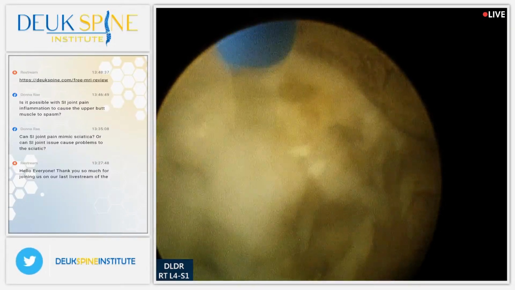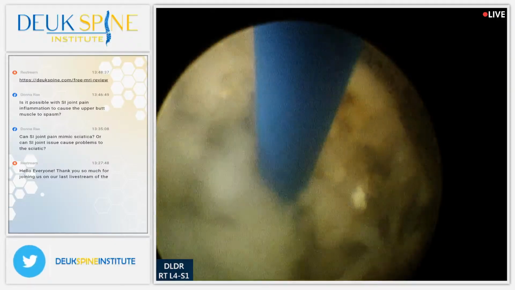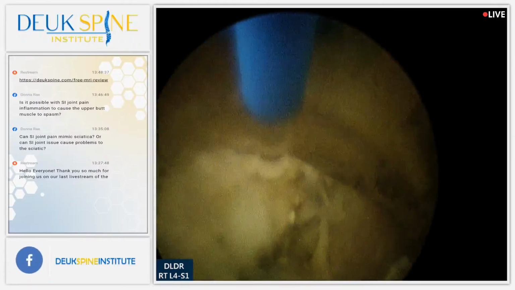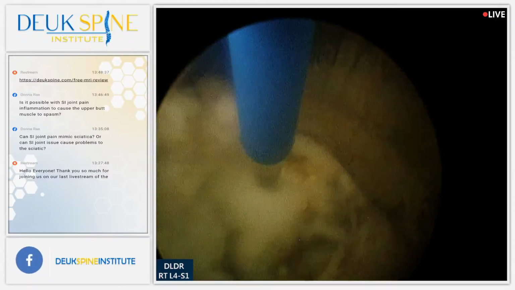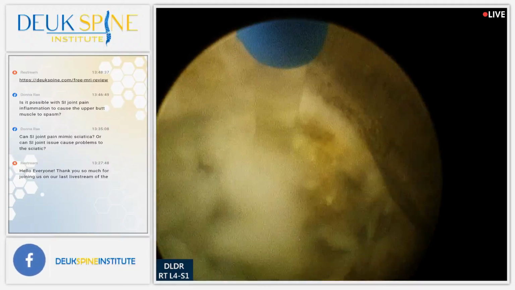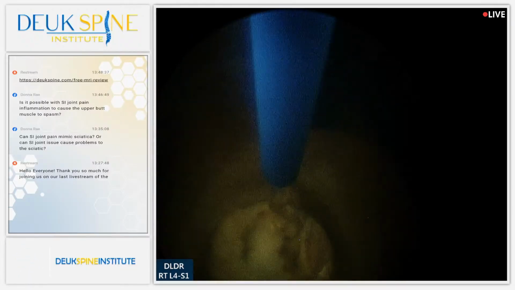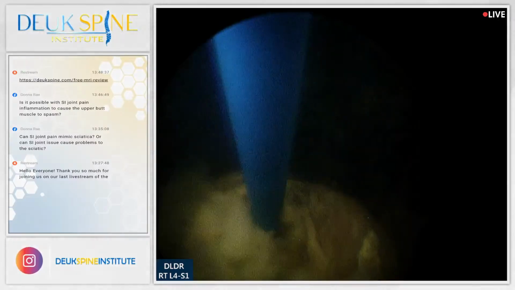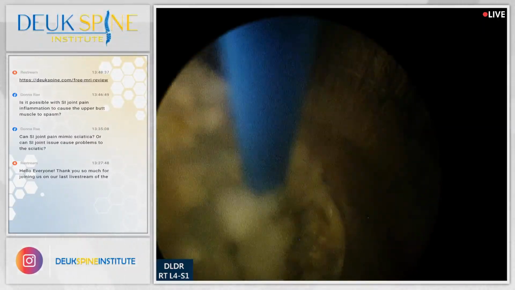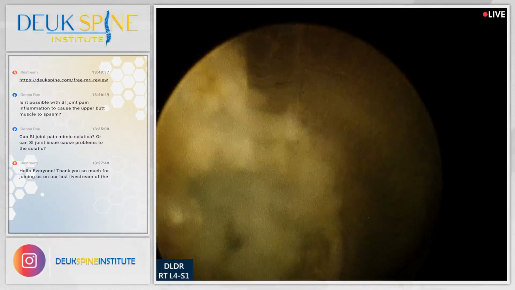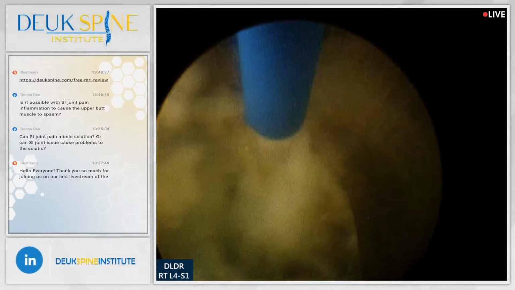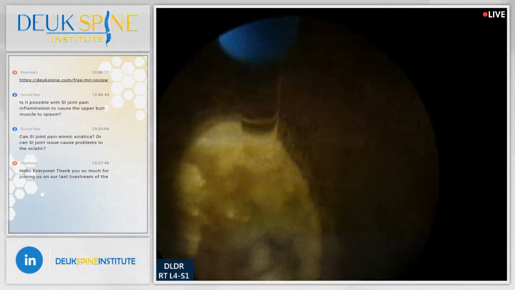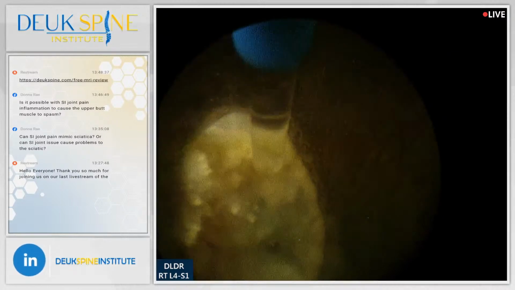These companies include companies like Medtronic, DePuy, Johnson & Johnson, Alphatec, Nuvasive, and it used to be companies like Synthes and DePuy. Globus is another one. And they all pay surgeons money, one form or another.